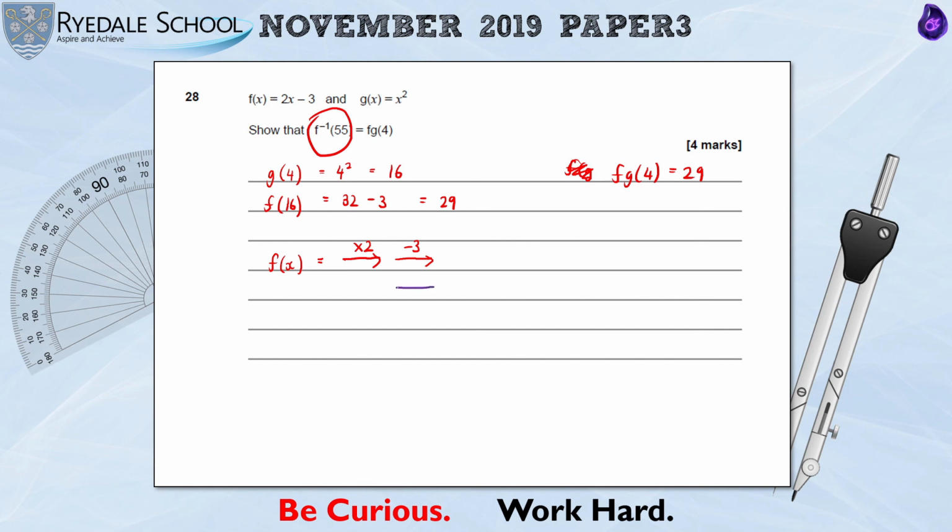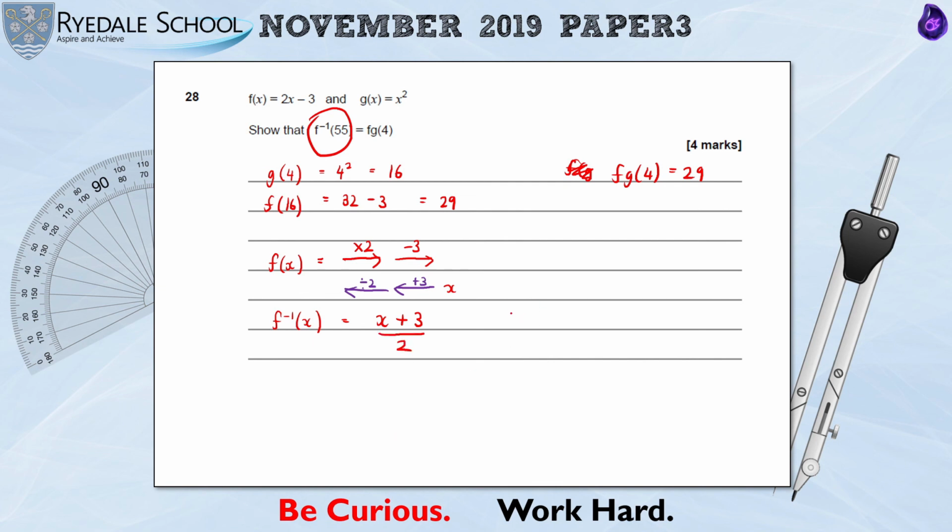So the inverse of taking away 3 is adding 3, and the inverse of timesing by 2 is dividing by 2. So my inverse function, f to the -1 of x, takes the value of x, it adds 3, and then it divides by 2.